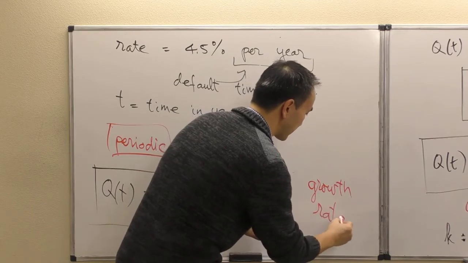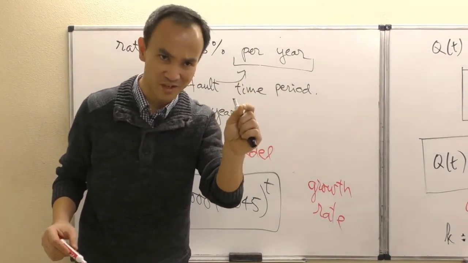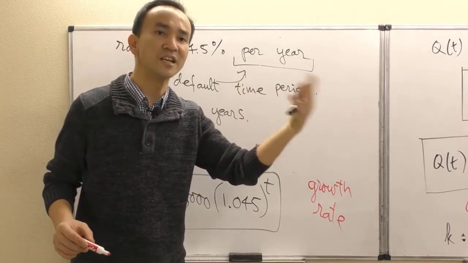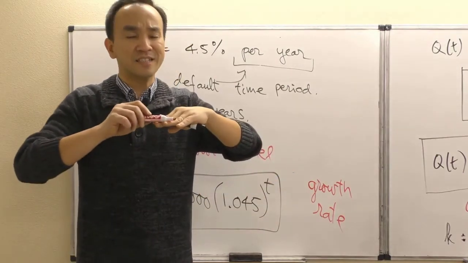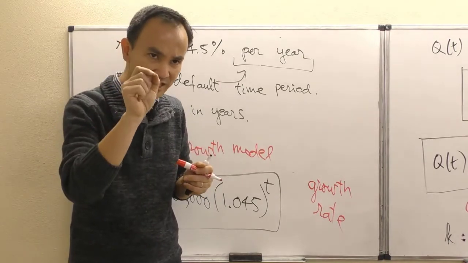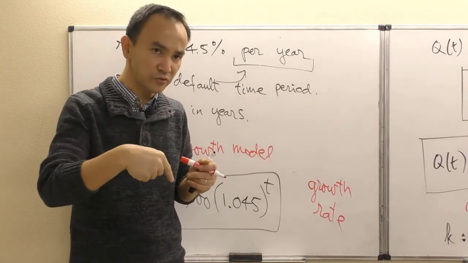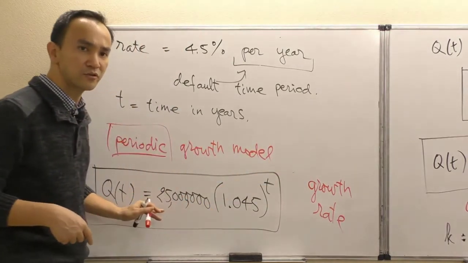So when you just hear growth rate without indicating continuous or relative, then it's periodic. Without the extra description of being a continuous growth rate or a relative growth rate, it is automatically understood as the periodic growth rate right there.